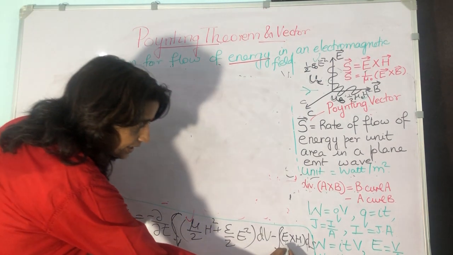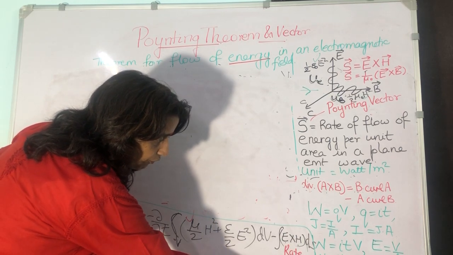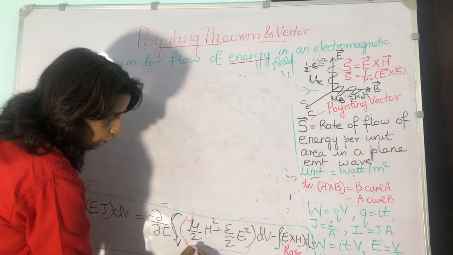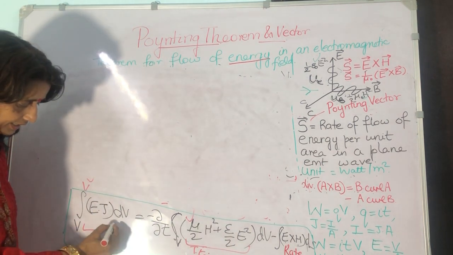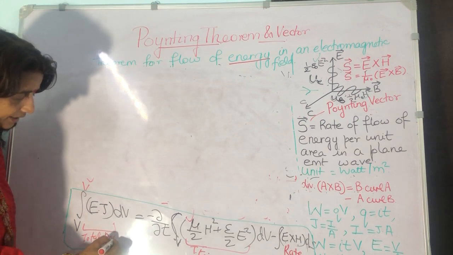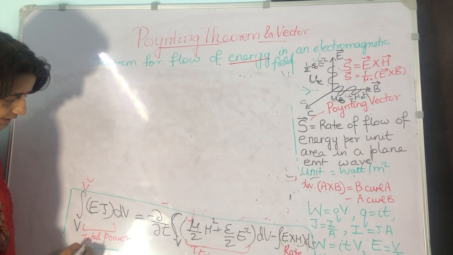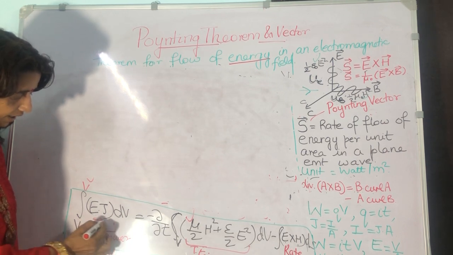So this is rate of flow of energy. This is total energy in electric and magnetic field, and this is total power that has been dissipated in volume V.